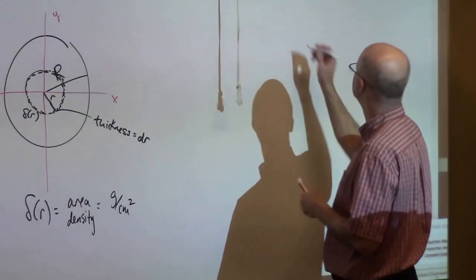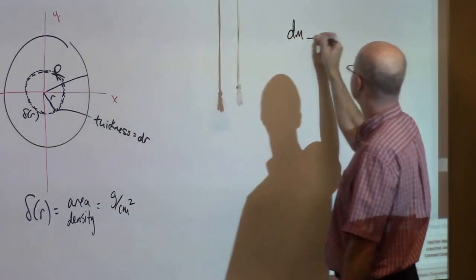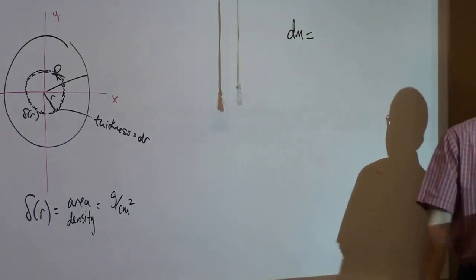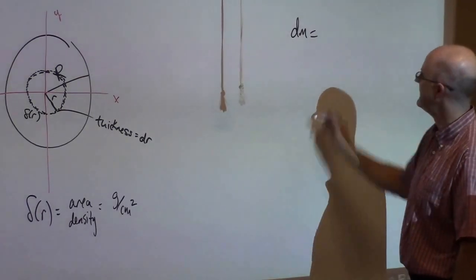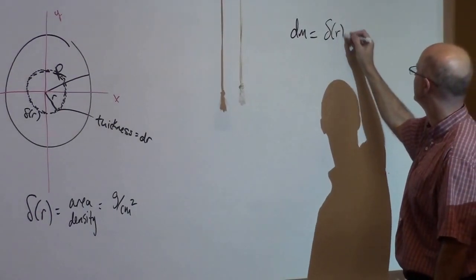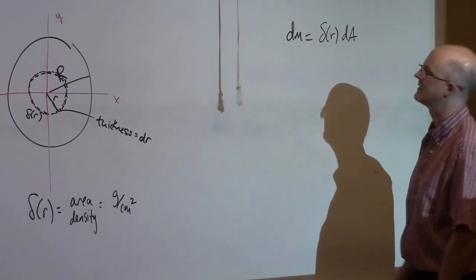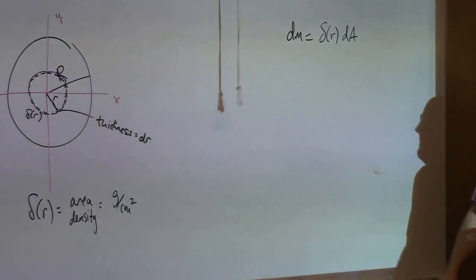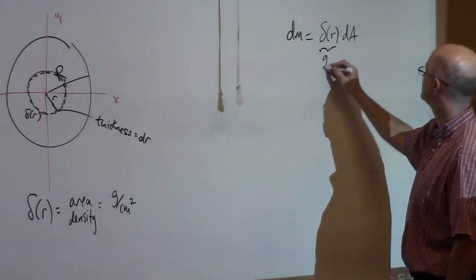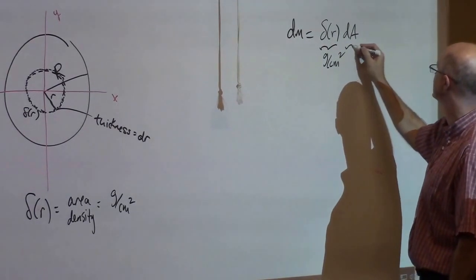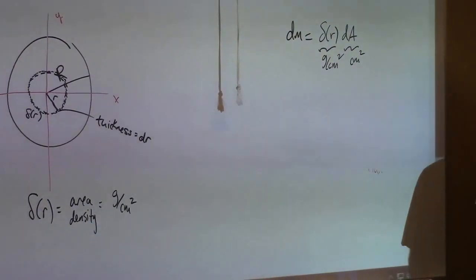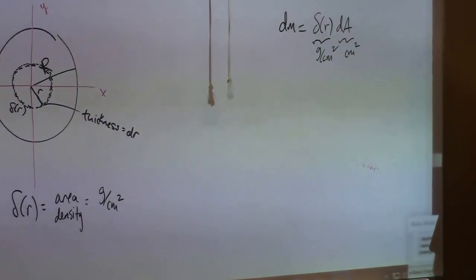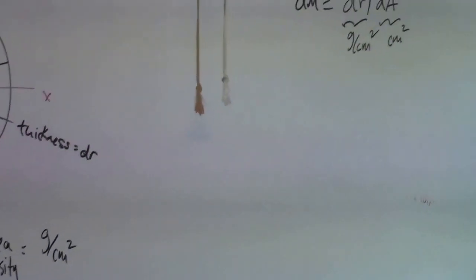The infinitesimal mass of this infinitesimally thin ring should be the density times the area. Call it dA. This would be in grams per square centimeter, and this would be in square centimeters. But that just begs the question, what is dA?